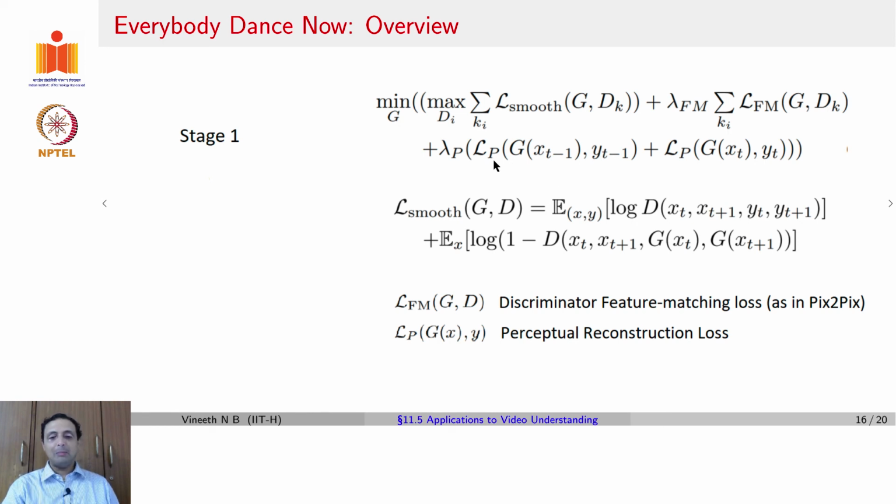And there's also an LP loss, which gives a perceptual reconstruction loss, once again coming from pix2pixHD, and this is for GXT-1 matching to YT-1 and GXT matching to YT. Remember, the perceptual loss also tries to measure loss at an intermediate feature space level. And this is stage 1.